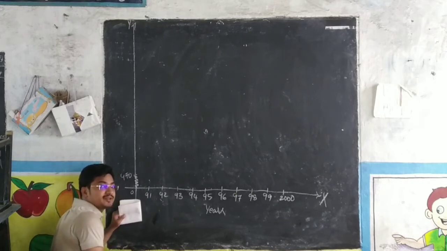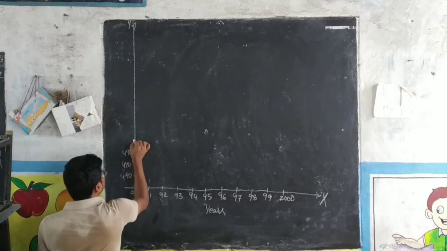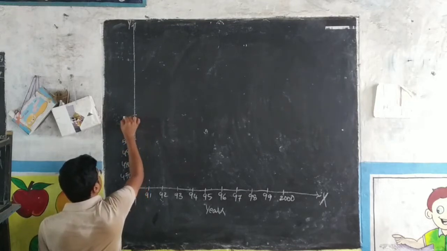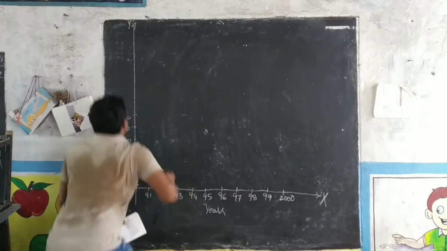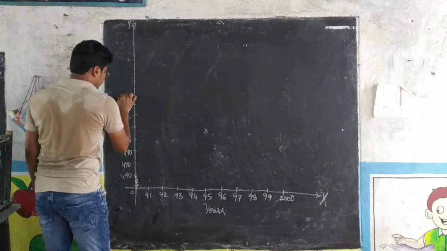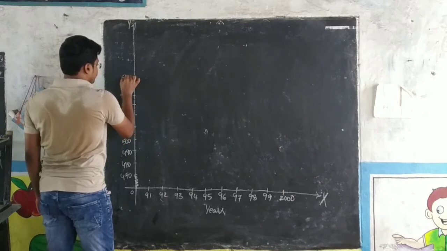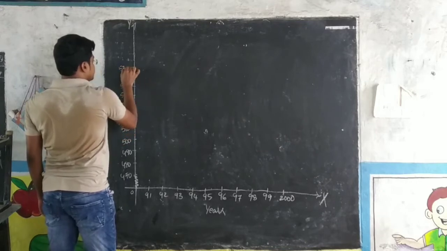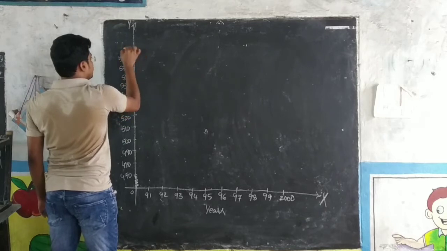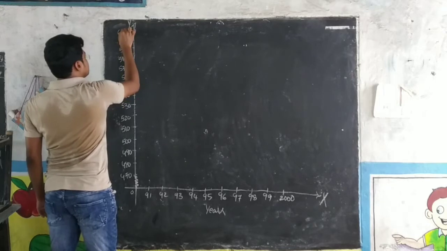Then 470, 480, 490, 500, 510, 520, 530, 540, 550, 560, 570, 580, 590, 600, 610.